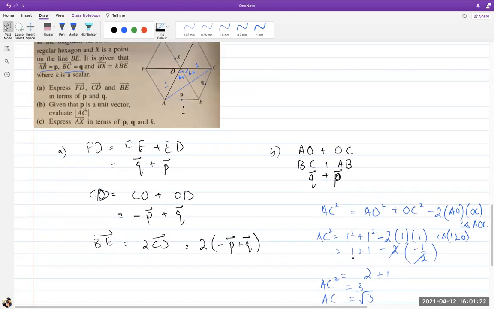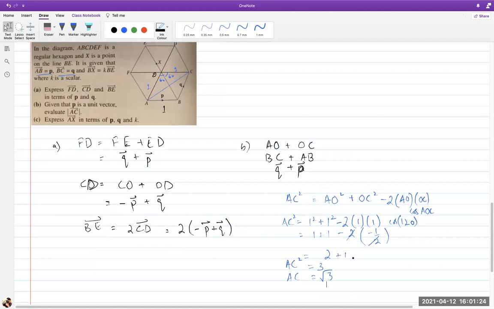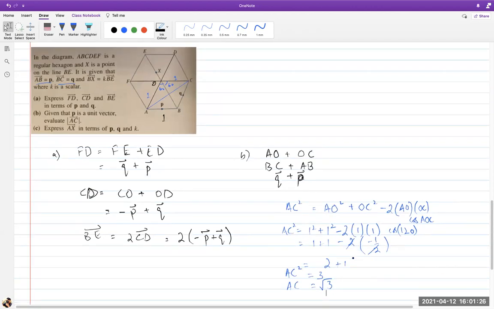Do you get it? Sir, I'm still confused. In what part? B part. In the B part, what I did is that I made a triangle. Now I know that these are all equilateral triangles. So using that, I have found the angle between A, O, and C. And that is 60 plus 60, 120. And using that, I basically have a triangle in which I know one side is 1.